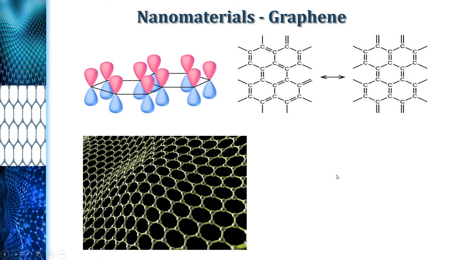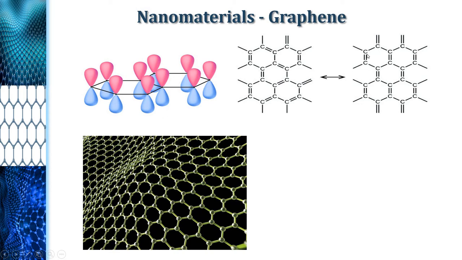So this is the sheet of graphene formed by the overlap of the sp2 hybrid orbitals forming sigma bonds, as well as the formation of the pz pi bond.